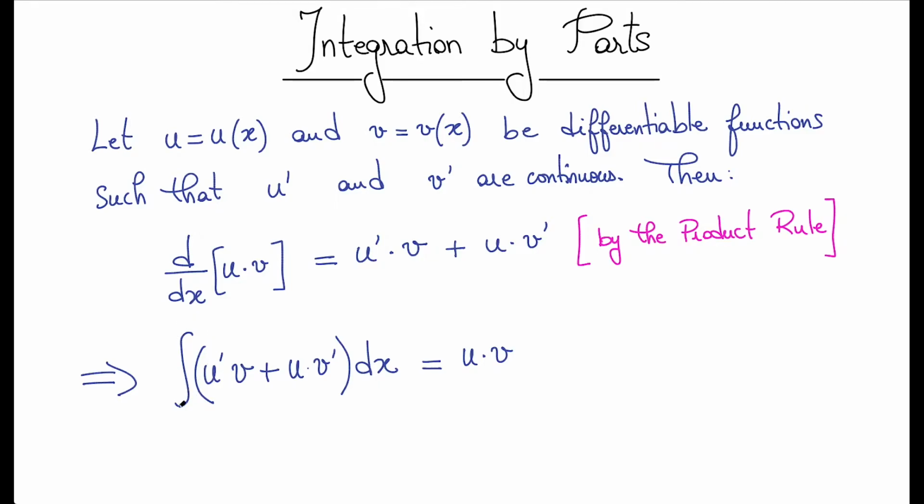Now, since the integral of a sum is the sum of the integrals, this is the same as saying that the primitive of u prime v dx plus the primitive of u v prime dx is equal to u times v. Correct? Because the primitive of a sum is the sum of the primitives.